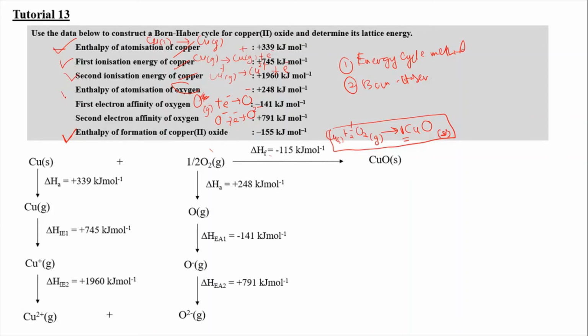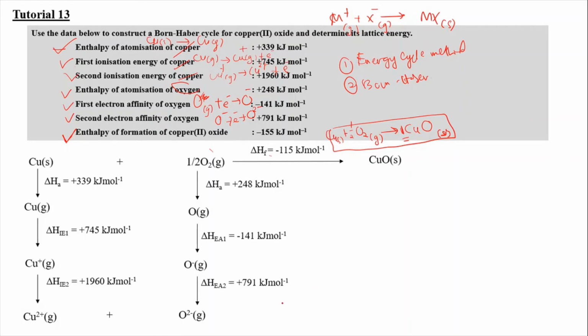So we have settled with these three things regarding the oxygen. And from the energy cycle method that we have constructed, we have to find the lattice energy, where lattice energy means from gaseous ions, for example, M plus ions and X minus ions, they need to be in the gas state, they need to form an ionic solid in the solid state.